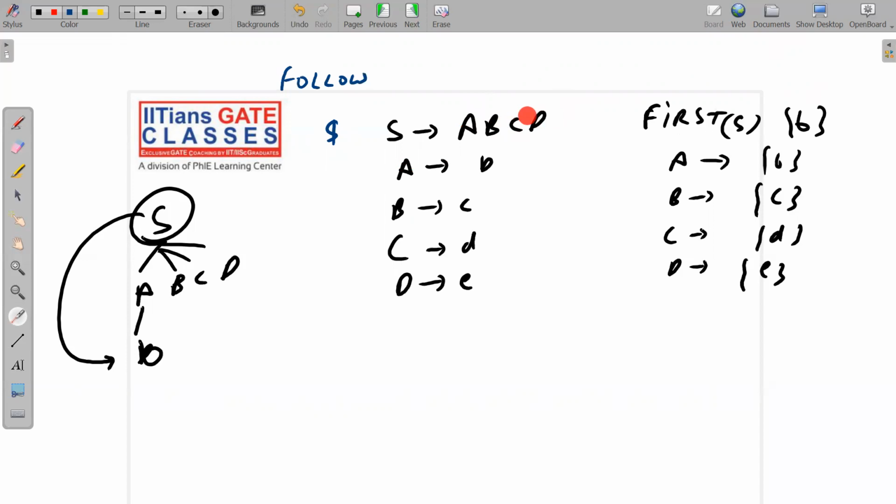So first of capital B, first of capital B is C. Similarly, follow of capital B will be first of capital C, that is D. Follow of capital C will be first of D, that is E. Follow of capital D will be follow of capital S, that is dollar. Please note it down.